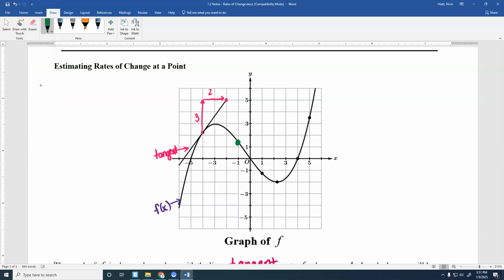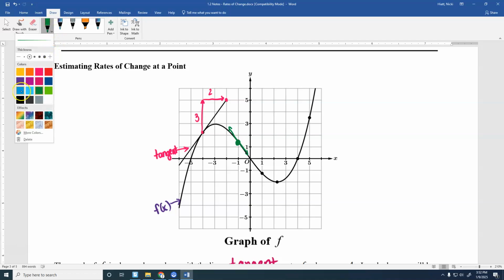The tangent line is going to be the line that just touches one time. I think this one is kind of hard to draw in. I think it would be something about like this. That piece of the graph is almost linear, so it almost looks like it is the line itself. I think that's a little bit difficult of a tangent line to draw.